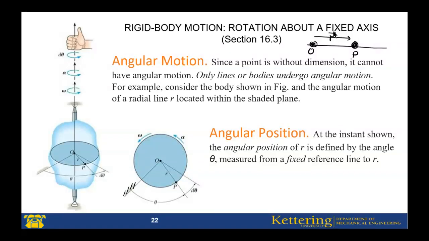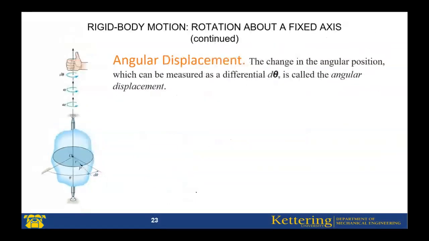Then, if point P moves to point P prime by a differential amount d theta, this d theta is called angular displacement. Similarly, a particle moves to point P, this is r, then moves to point P prime, this is r prime.